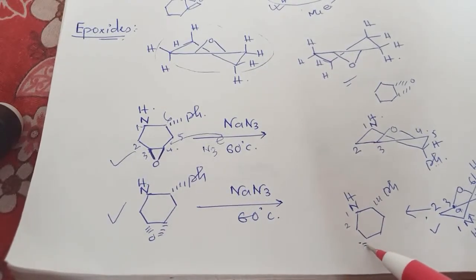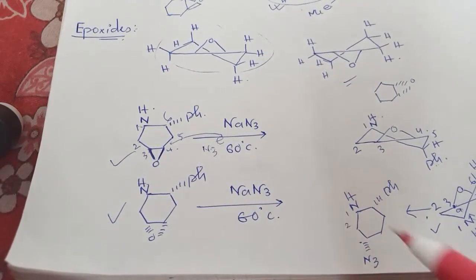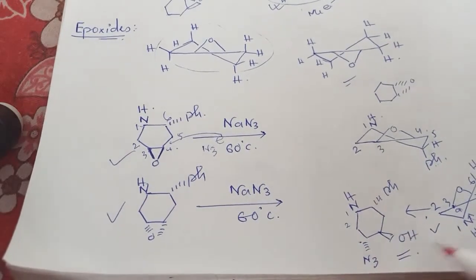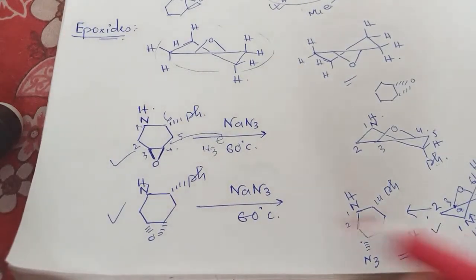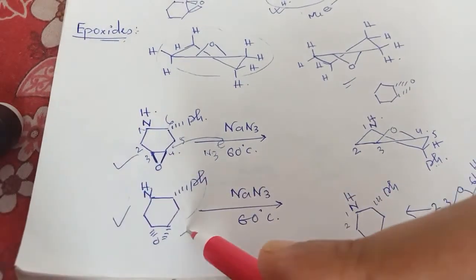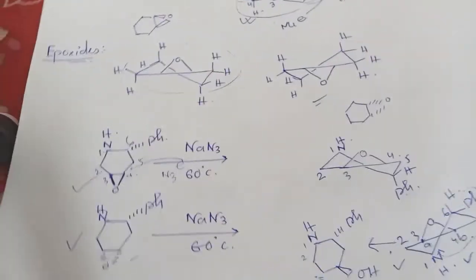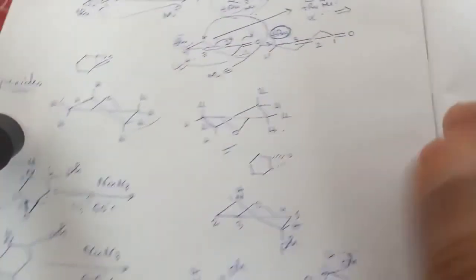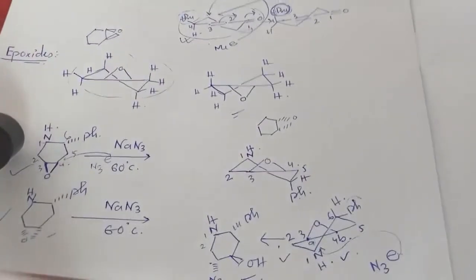So this is N3, OH. Yeah, this is the right answer. And similarly, in this case, this will also happen. I am drawing this on this side of the page. Here each Ph is below.